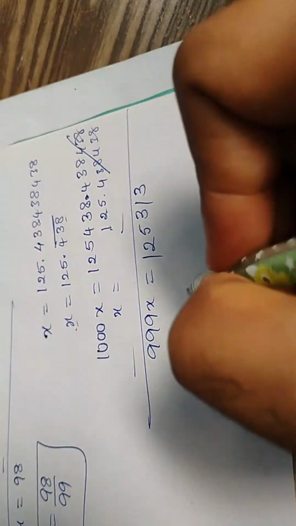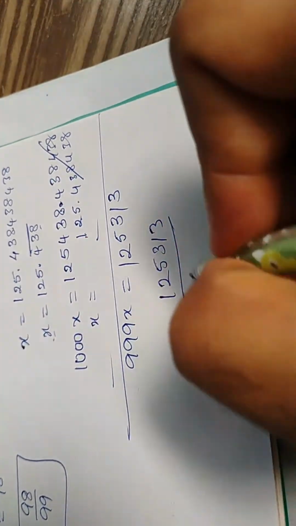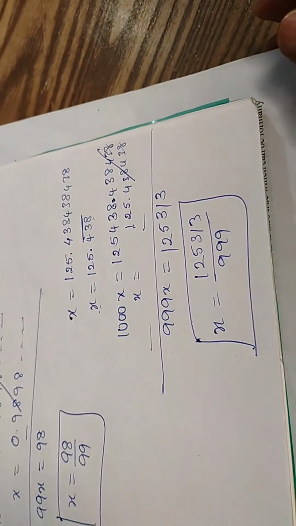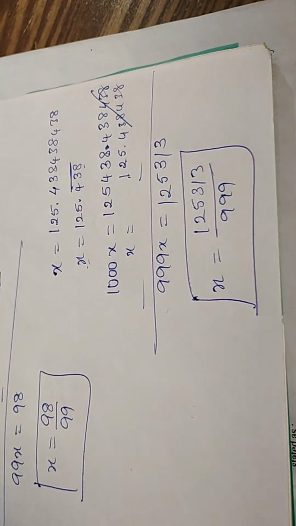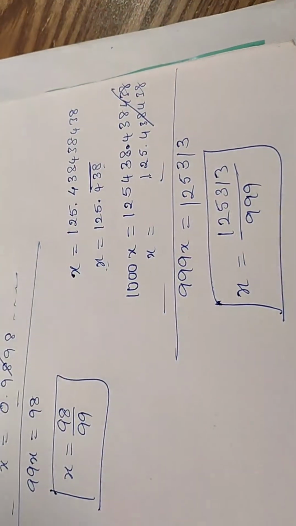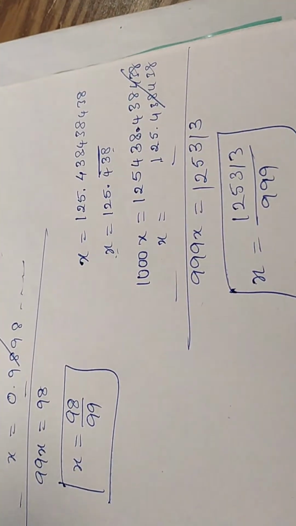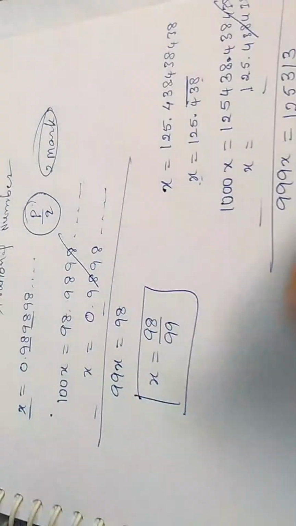So x is equal to 125,313 by 999. I hope you understand. Okay.